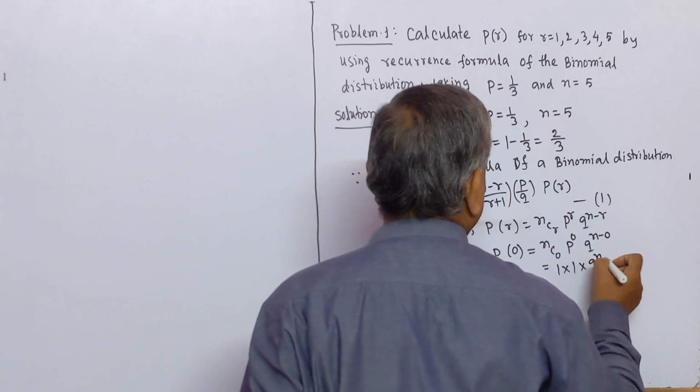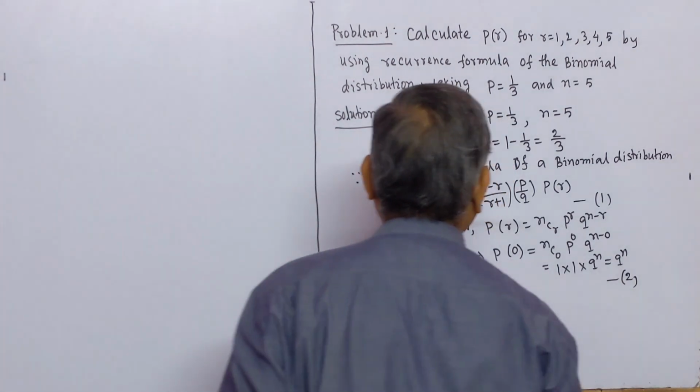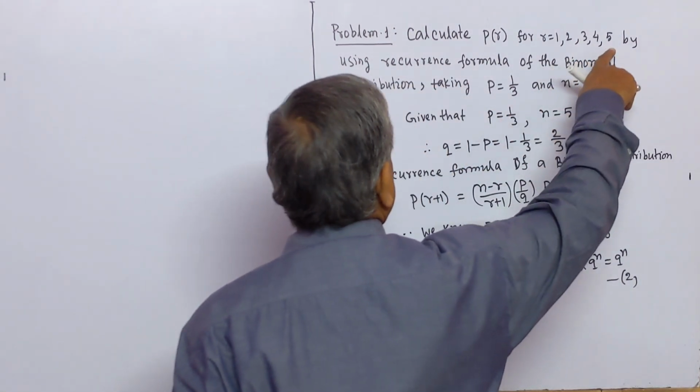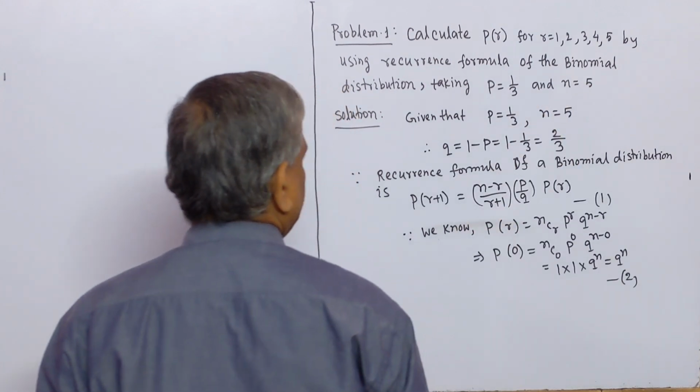This is q to the power n. This is number 2. Since number of trials is 5, n equal to 5.